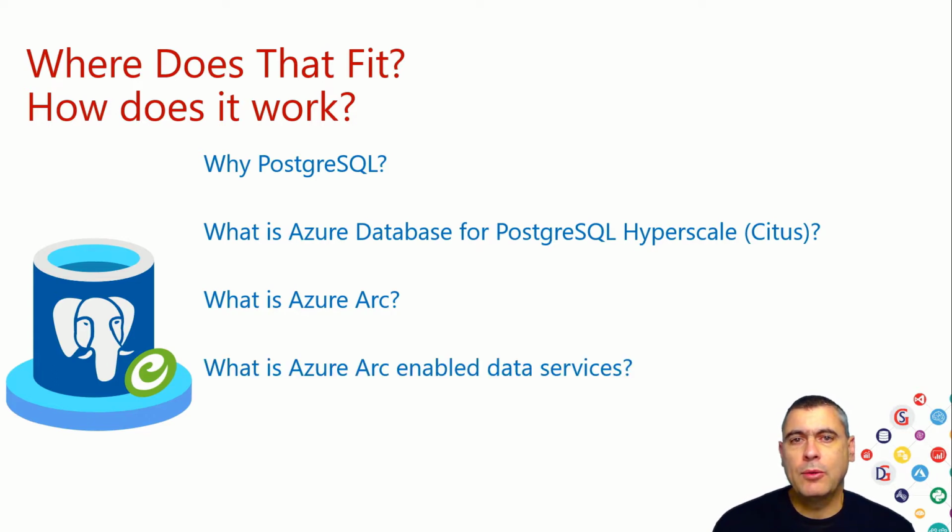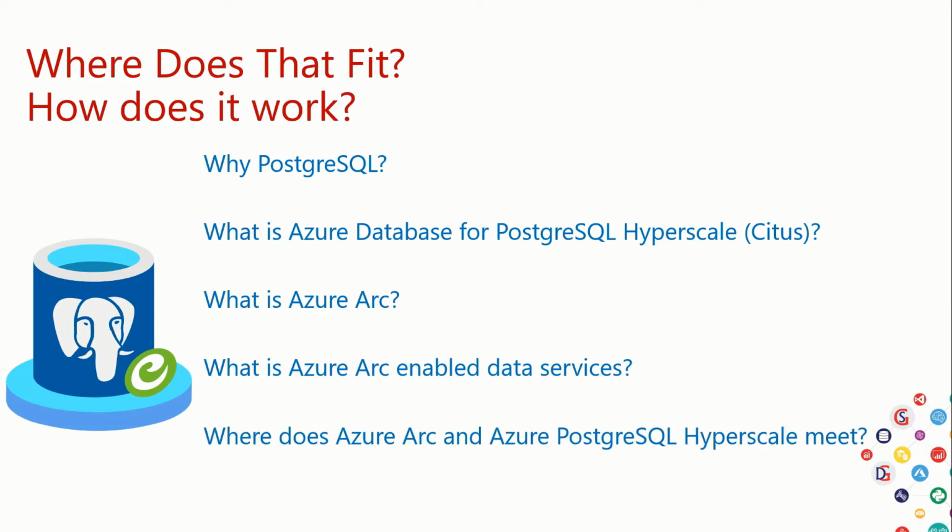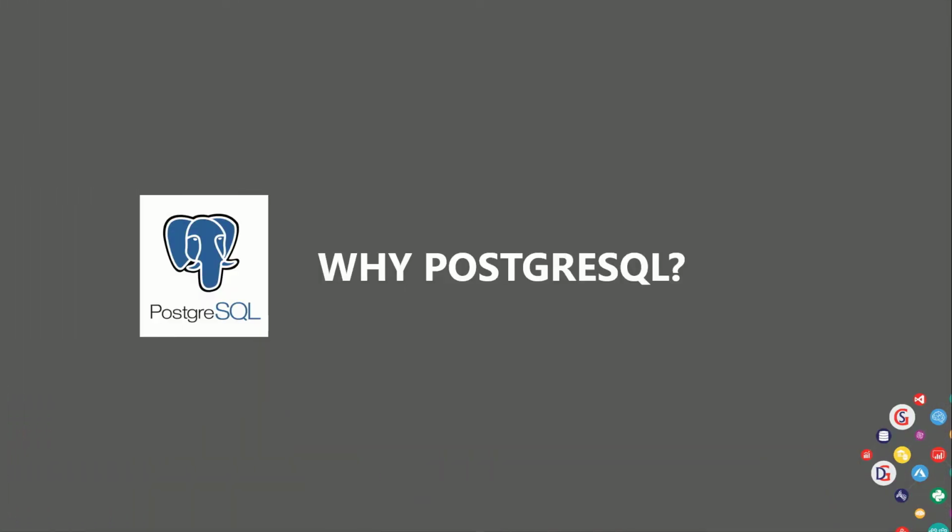Once we've done that, we'll look at what is Azure Arc enabled data services before we go to looking at where Azure Arc and Postgres Hyperscale meet. This is where the story really ties together. But you may wonder, show me the product, that may be better, right? So let's dive in. So why Postgres?